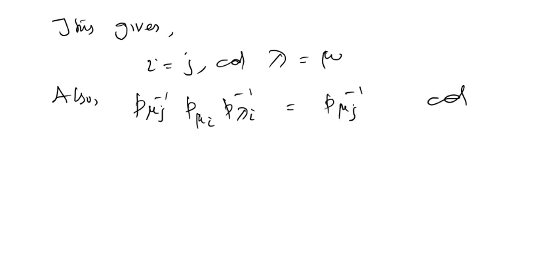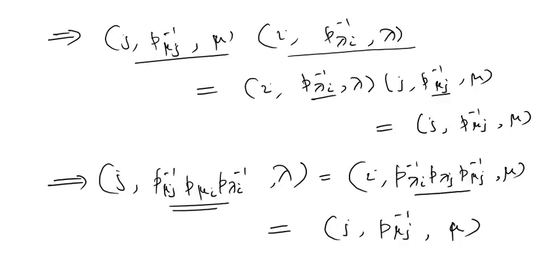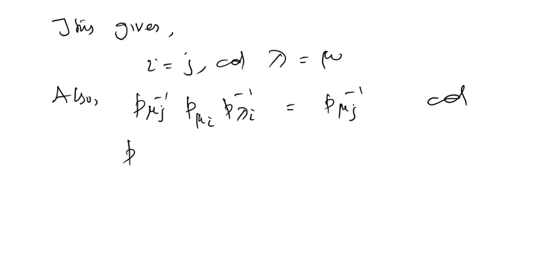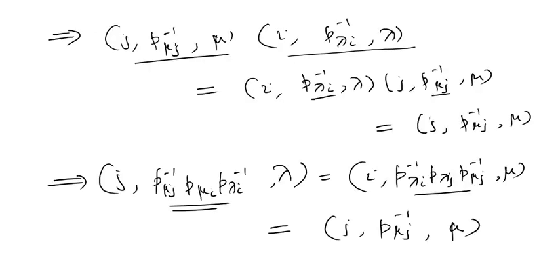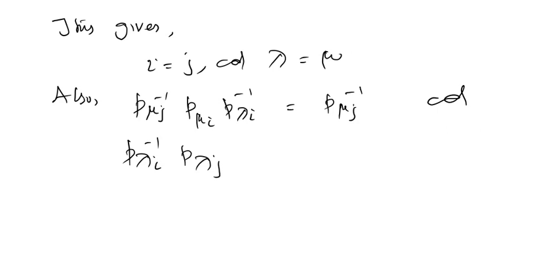Now first and second: P mu J inverse, P mu I, P lambda I. Now second and last: P lambda I, P lambda J, P lambda I inverse, P lambda J, then the last P mu J inverse, P mu J inverse. This is equal to the same P mu J inverse.